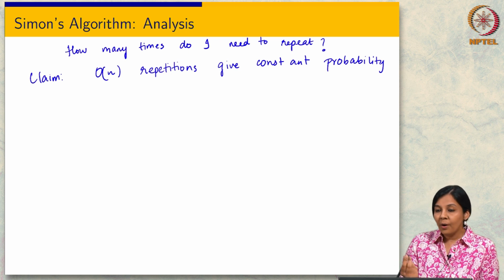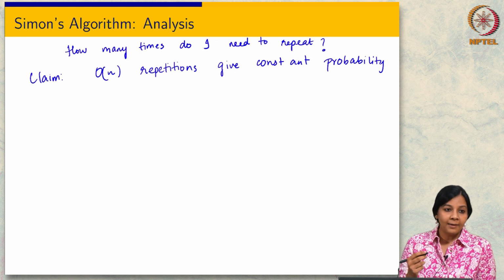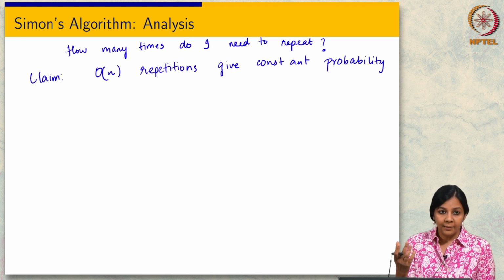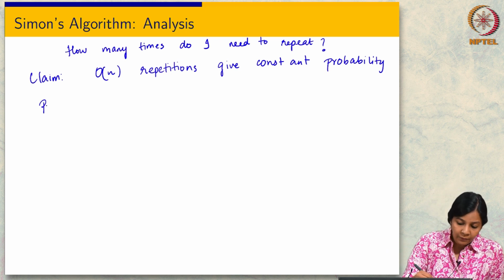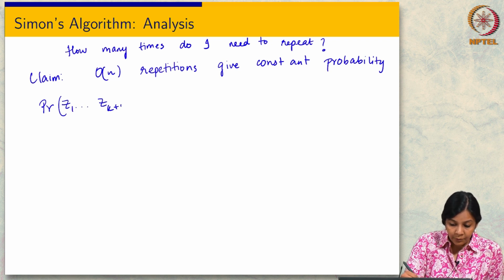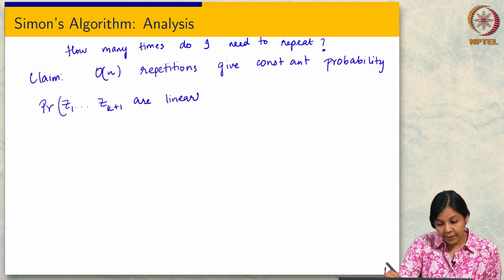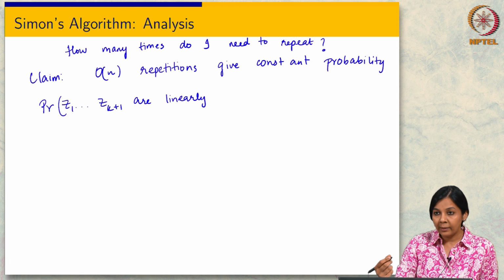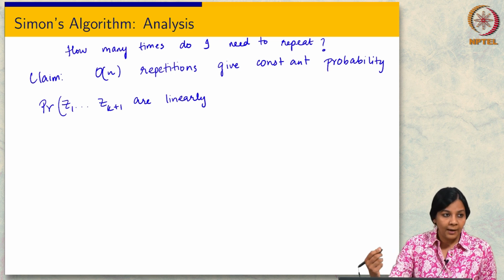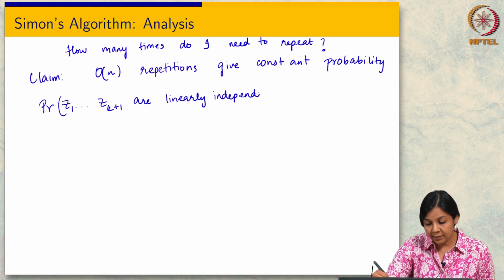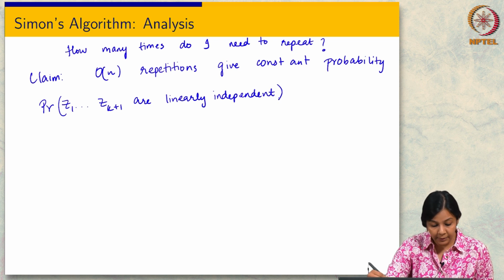Essentially what I am interested in is analyzing, at a given iteration, what is the probability that I get a useful vector. It turns out to be not very hard to analyze. So what is the probability that z1 to z(k+1) are linearly independent? When I sample the (k+1)th vector, what is the probability that I get something that is useful, such that all of them are linearly independent?